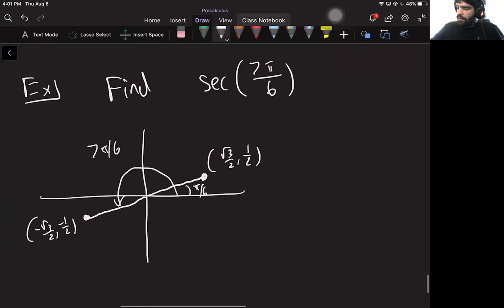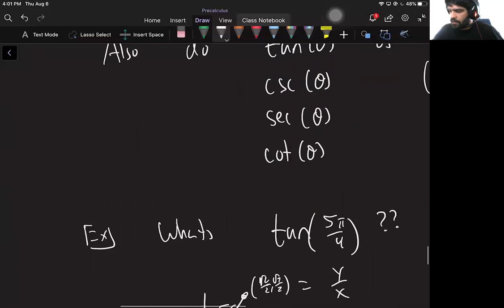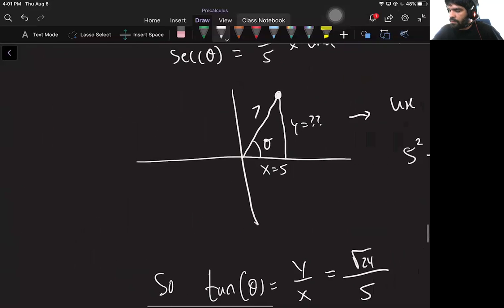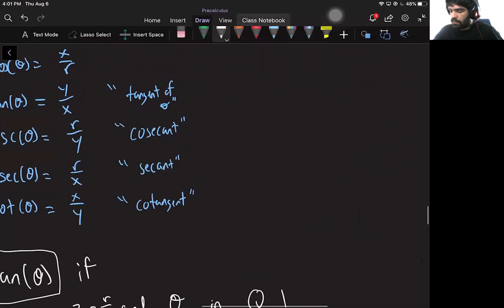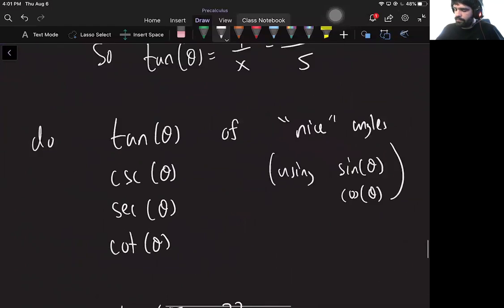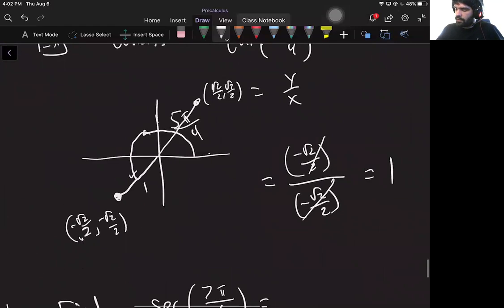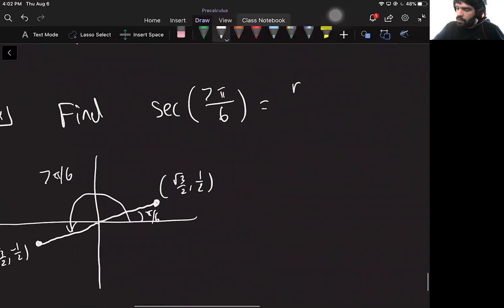And then secant I might not know right away, so I'll cheat. I'll go up here again and say, okay, secant was which one? Where did I put it? Way over here. Secant was r over x. But now I'm on the unit circle, so r is really just 1, so it's 1 over x, luckily.